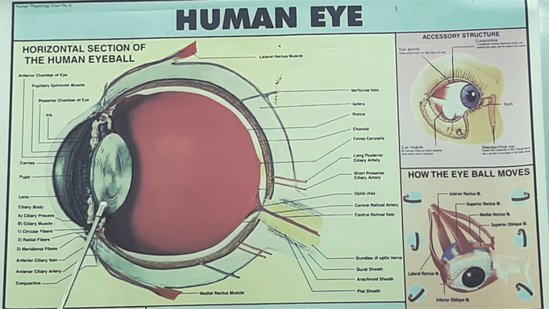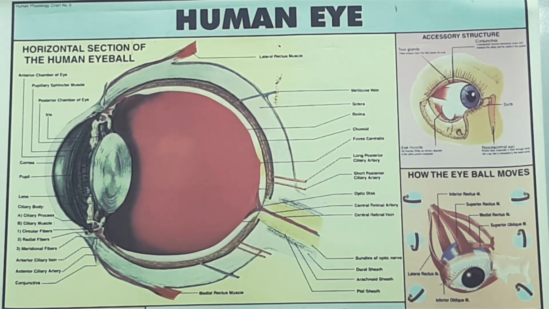Then after it, here is the lens. The human eye lens is biconvex, meaning it is a converging lens. It has cells which do not contain centrosome and nucleus, that's why it cannot divide and redivide. But it is flexible, and the shape of the lens can be altered.